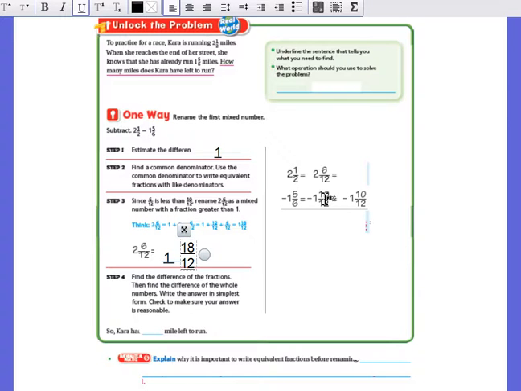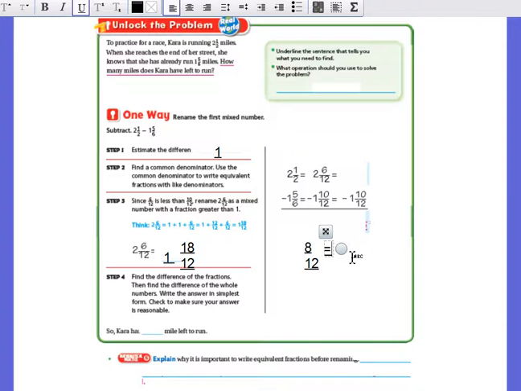Now can I subtract 10 twelfths from there? You betcha I can. I can do 1 take away 1 is 0, and 18 take away 10 is 8 twelfths, which I could simplify because they're both even numbers, but if I also look at them, I know they're both multiples of 4.